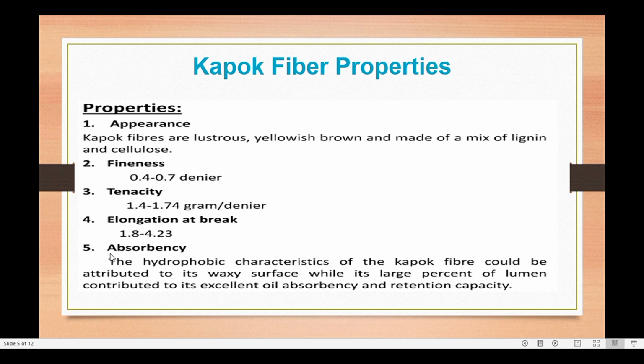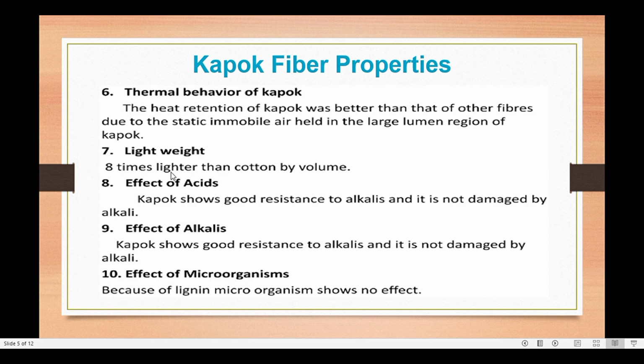The fifth property of kapok fiber is absorbency. The hydrophobic characteristic of kapok fiber could be attributed to its waxy surface, while the large percentage of lumen contributes to its excellent oil absorbency and retention capacity. The next property is thermal behavior.